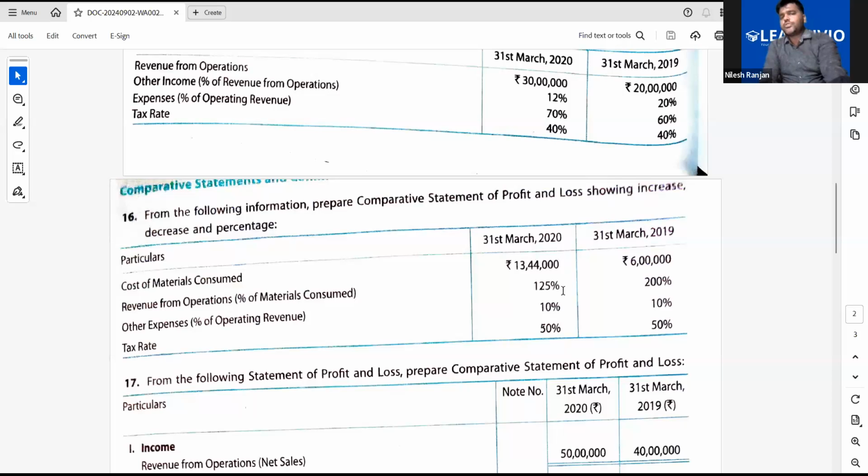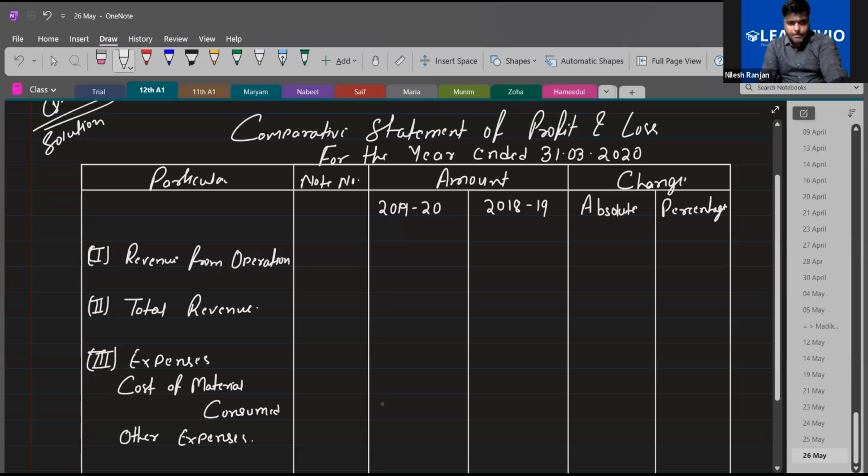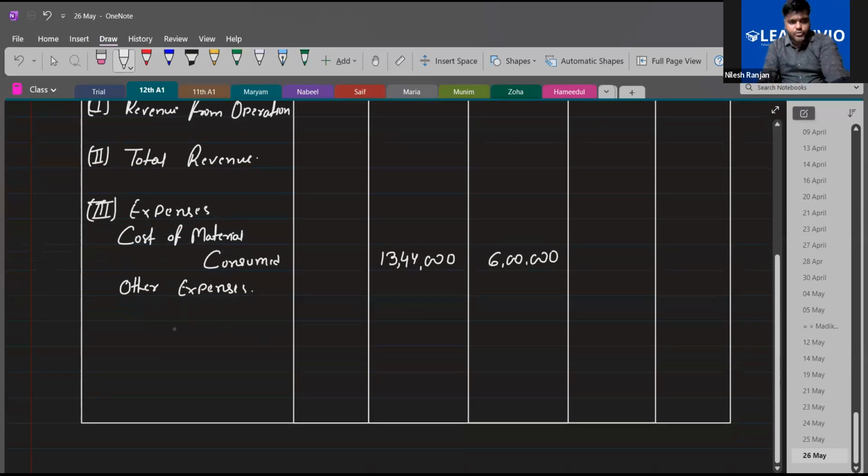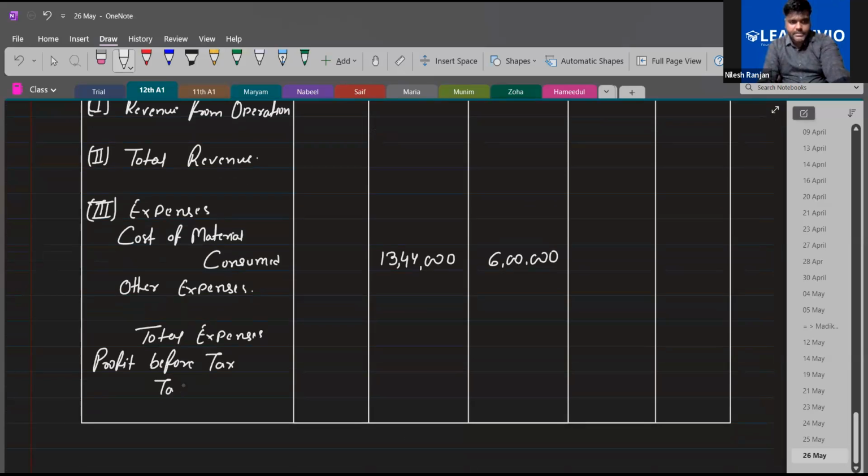Amount of cost of material consumed is only given, 13,44,000 and 6 lakh. After that, all the amounts are in percentage form. So it will be total expenses, then profit before tax, then tax and profit after tax.